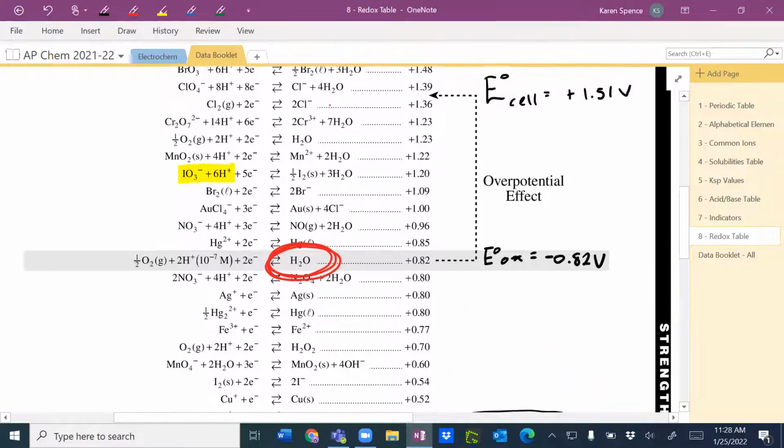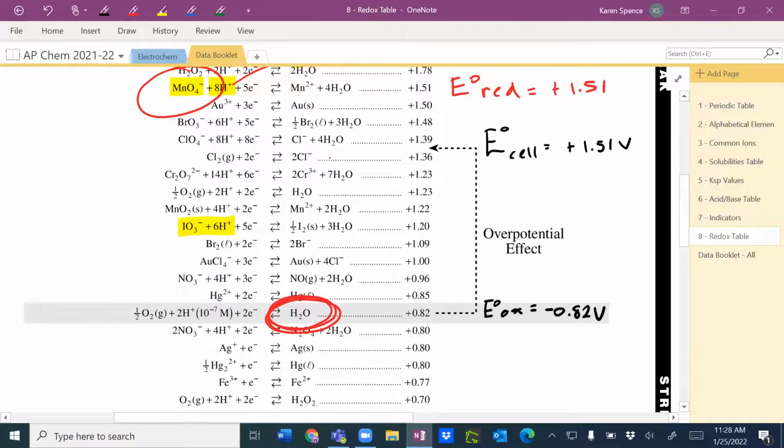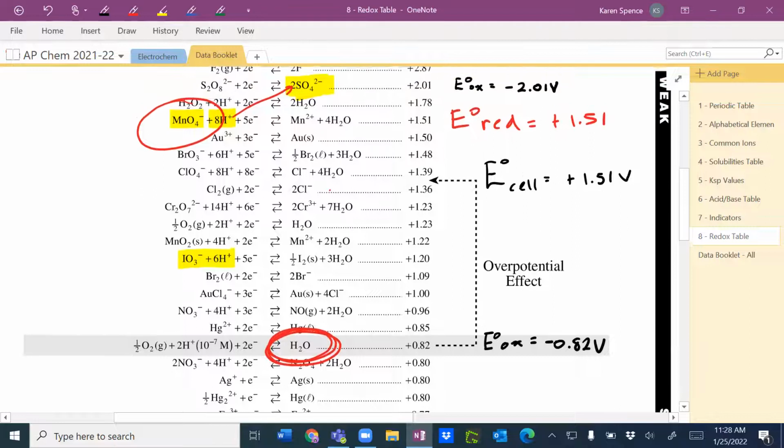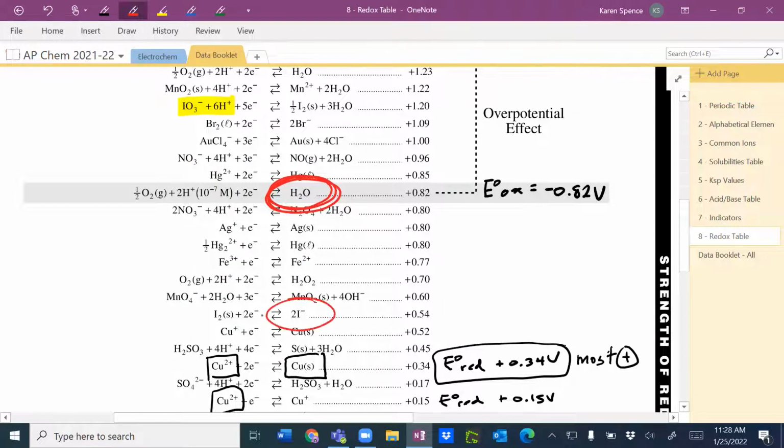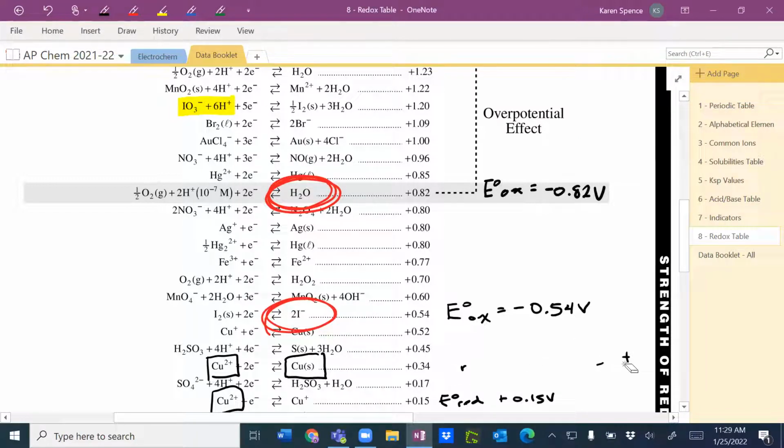That's the oxidation potential of water. The oxidation potential of iodide, oh, there it is, is negative 0.54 volts. And so who is less negative out of those two?